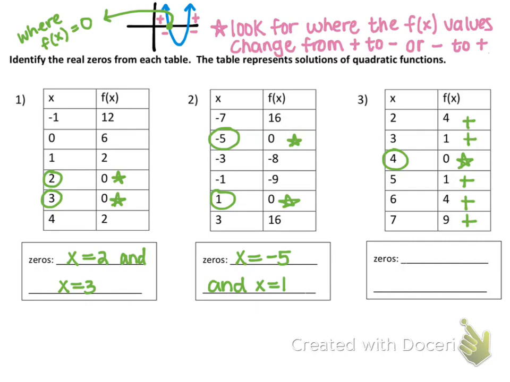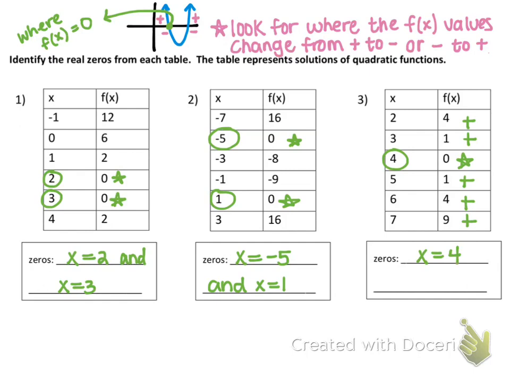So I filled in plus signs, or positive signs, for all those values in the f of x column. If my f of x column were to change from positive to negative or negative to positive, then that means I would have crossed the x-axis. However, in this case, none of my f of x values ever change to be negative. So I know that my 0 is x equals 4.